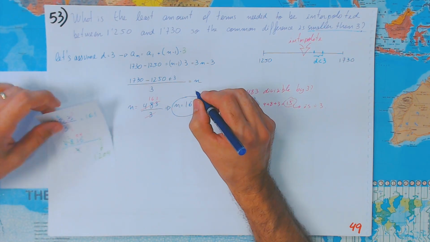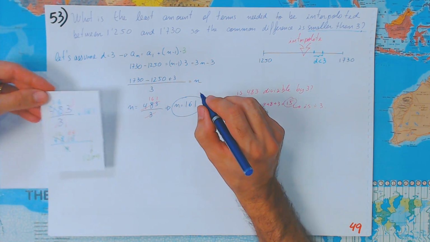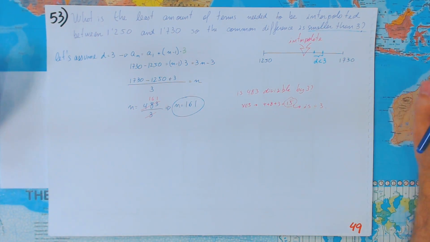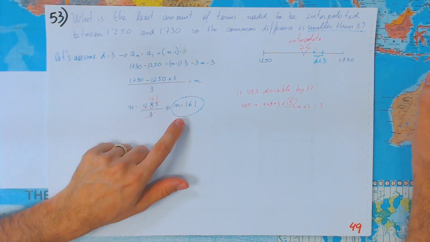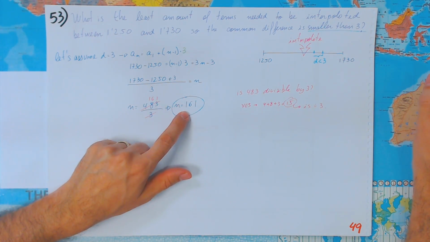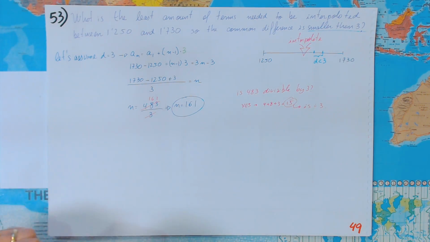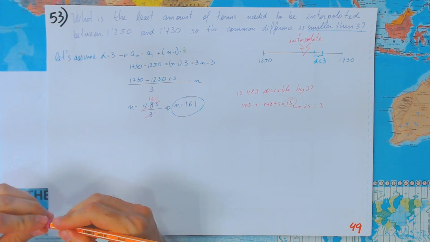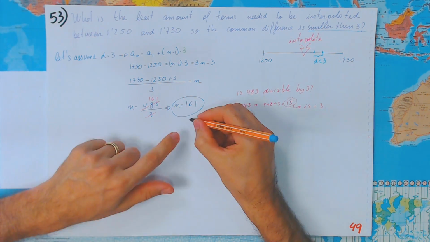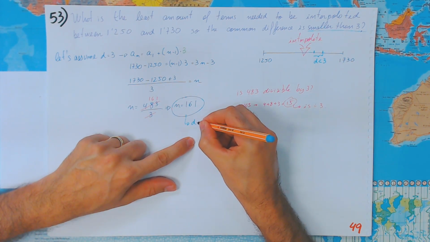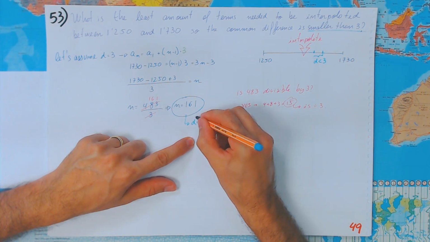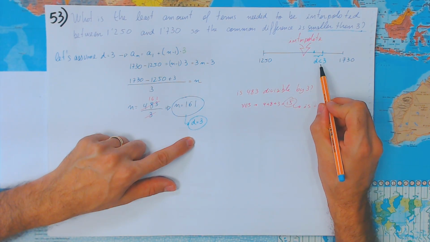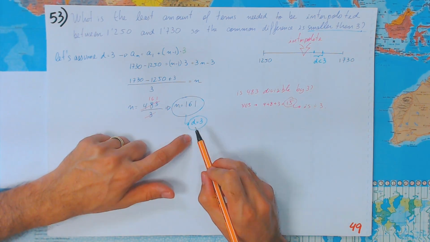Keep that in mind. So if we choose n equals 161, we are going to get exactly d equal 3. But we don't want that, right? We want something smaller.